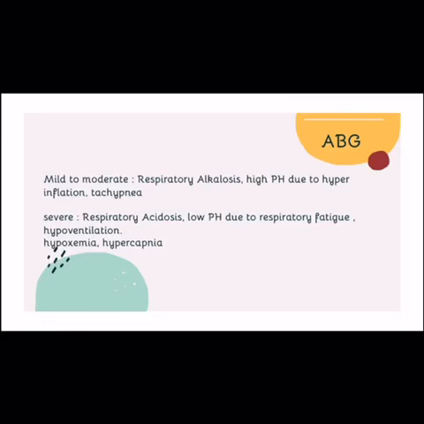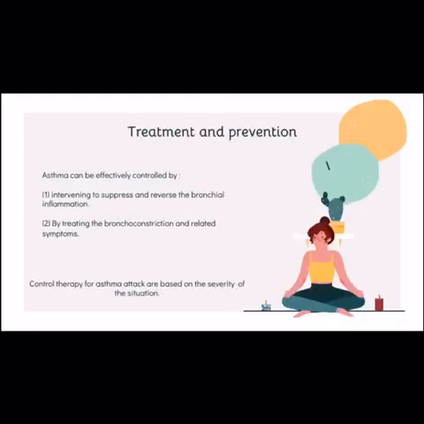But when he has a respiratory acidosis or low pH due to respiratory fatigue and hypoventilation, he has a severe case of asthma attack. Generally, all of them have hypoxia and hypercapnia.